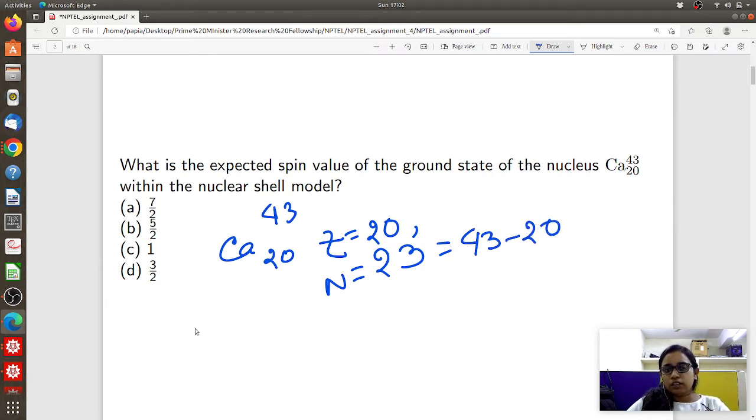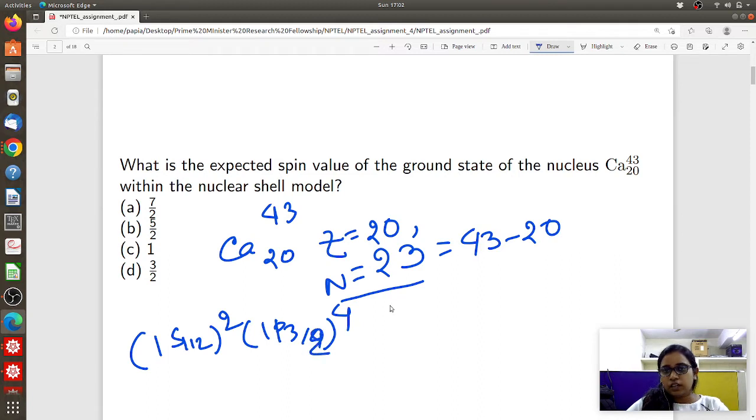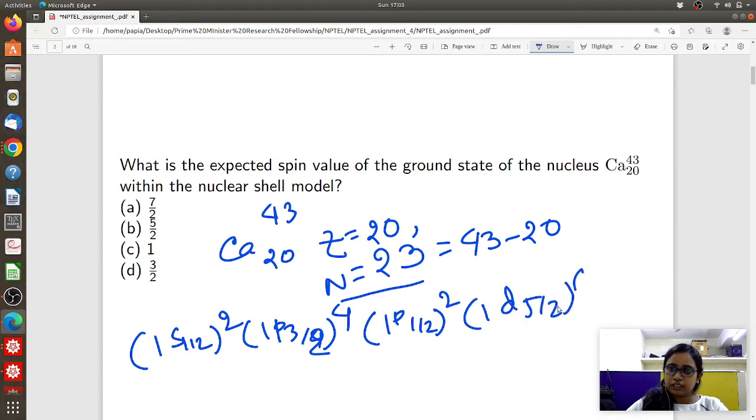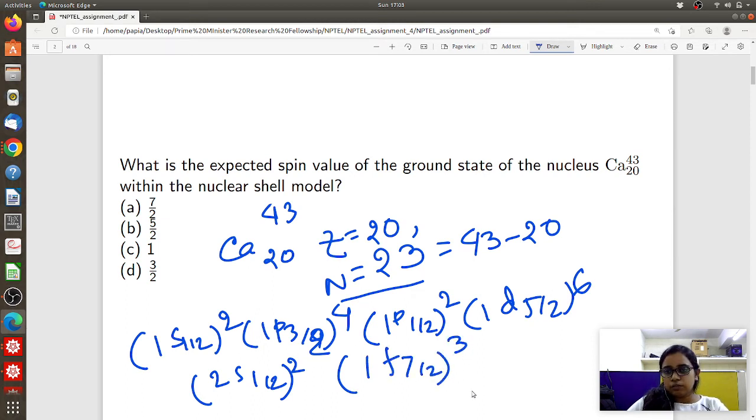Now for the nuclear configuration of 23 nucleons: 1s1/2 with 2, 1p3/2 with 4, 1p1/2 with 2, 1d5/2 with 6, 2s1/2 with 2, and the last one 1f7/2 with 3, because the total number will be 23.